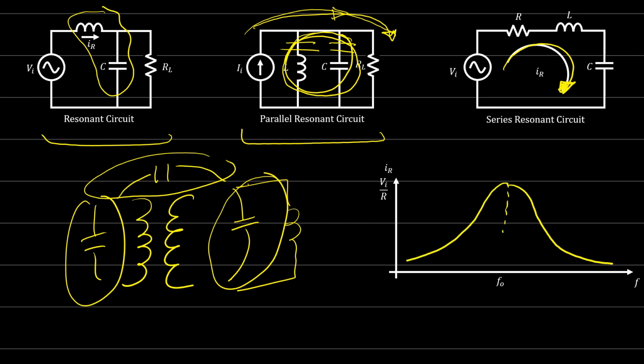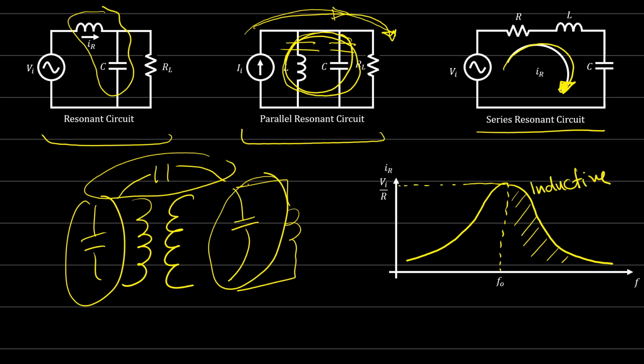So here at some point, what we call the resonant frequency, you can obtain the maximum current. If you increase the frequency to a certain value, you will find that the series resonant converter circuit will act as an inductive circuit.